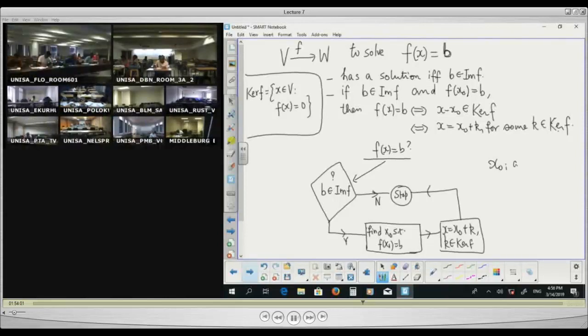Now, let's come back to its matrix equivalent.